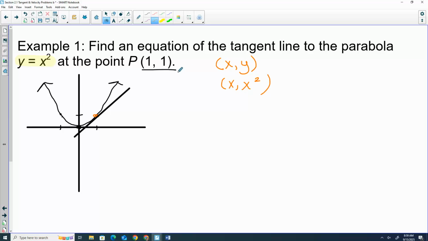Okay, so if I were trying to find the slope between these 2 points, we have to do y2 minus y1 over x2 minus x1. So I have a formula for slope. Just keeping a generic point and calculating the slope between them.